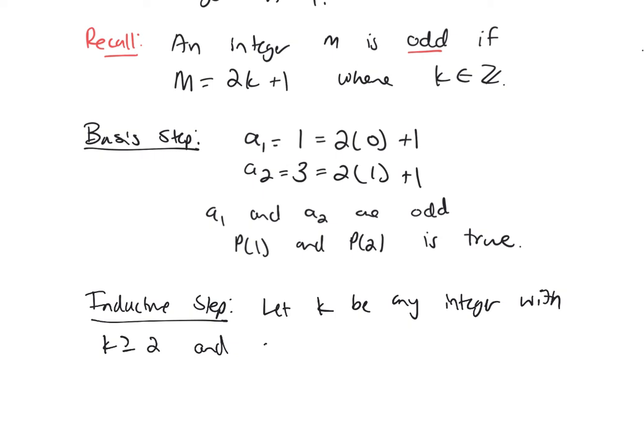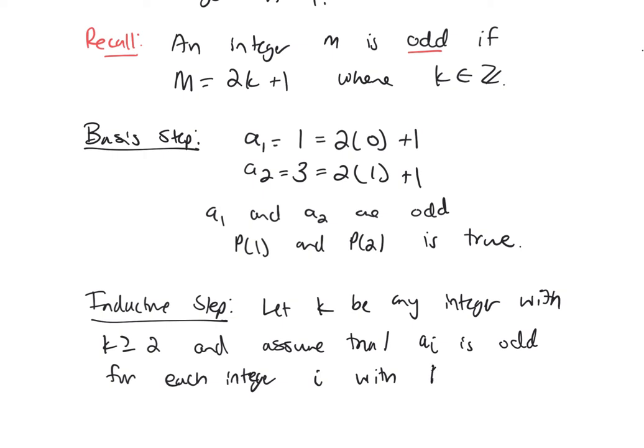And we want to assume that A_i is odd for each integer i with 1 less than or equal to i less than or equal to k.